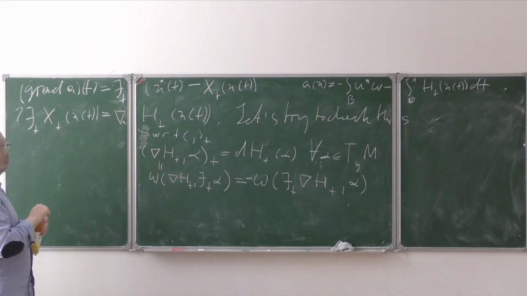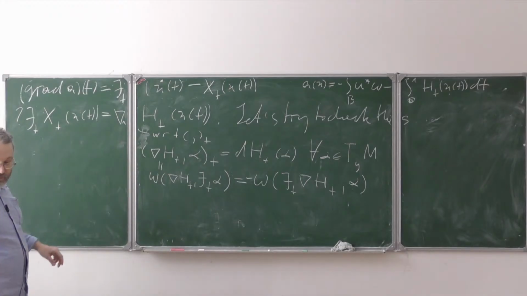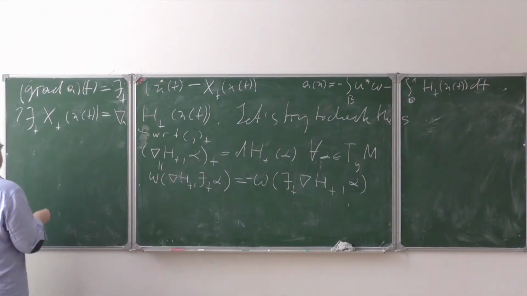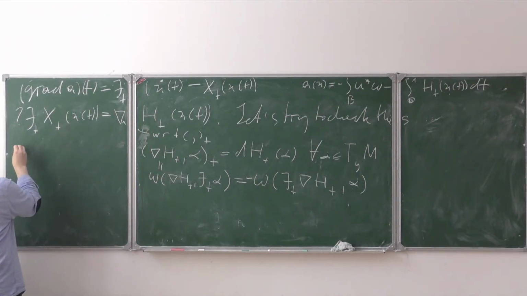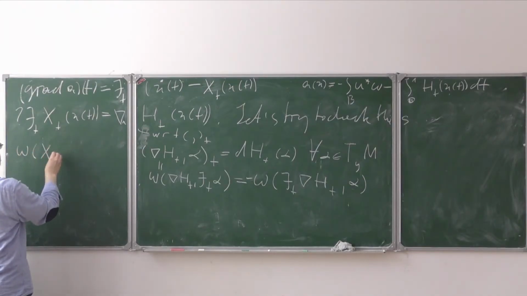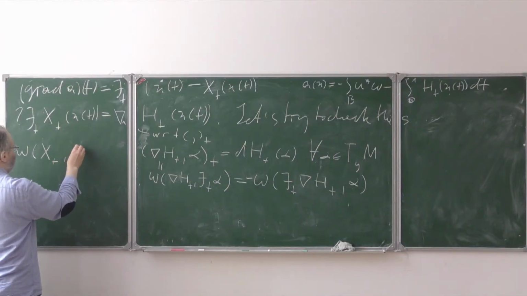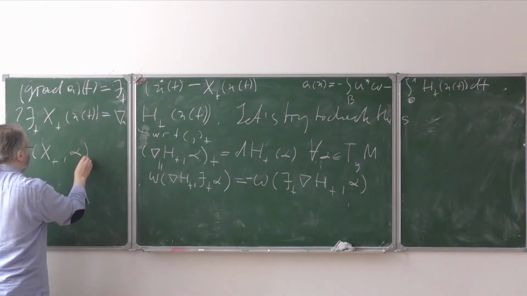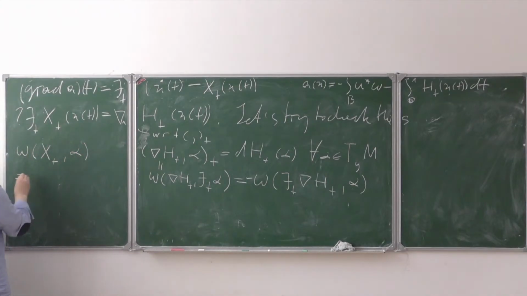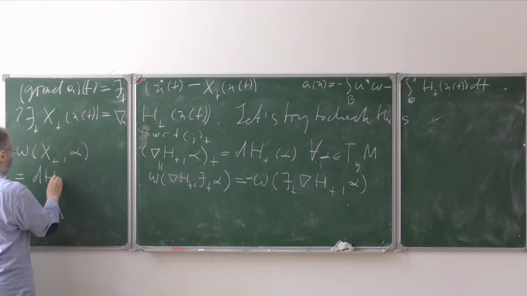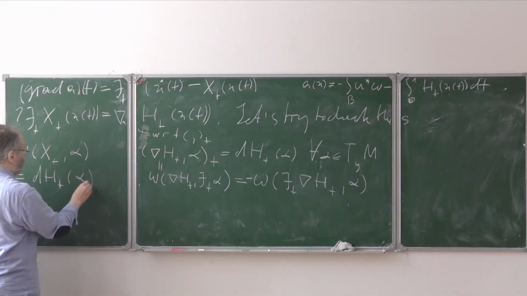Now let's recall the definition of x_t. Omega of x_t, alpha is dh_t applied to alpha.